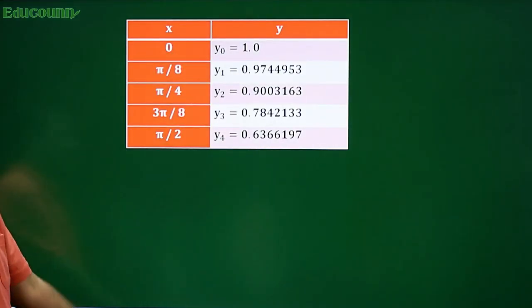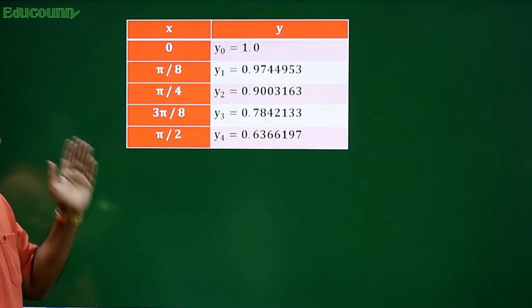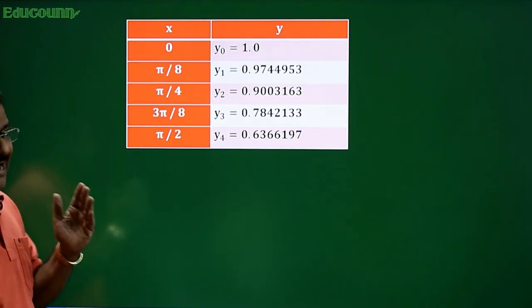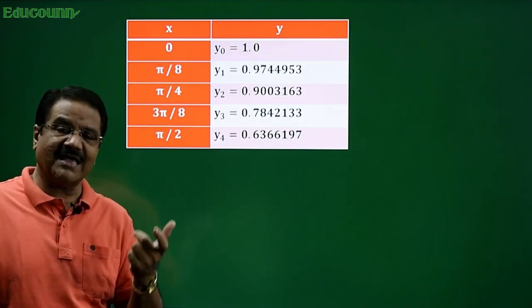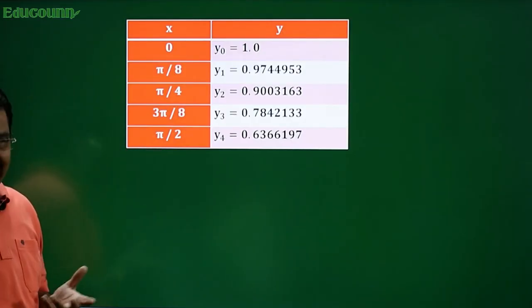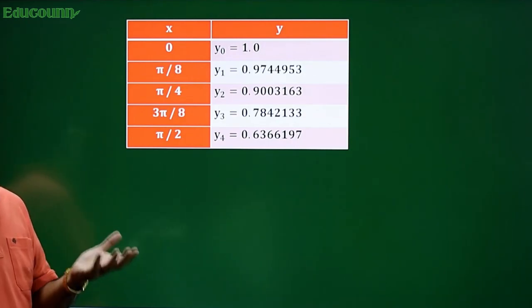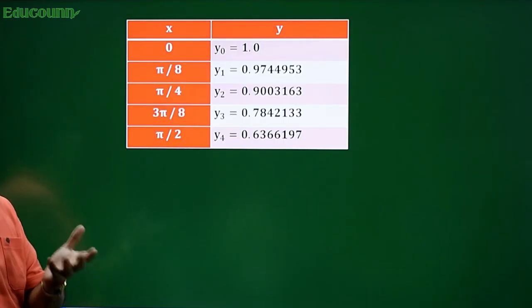Put x equal to 0, we get y0 as 1, and also we can see other values at pi by 8, at pi by 4, at 3 pi by 8, at pi by 2. Here in the table we have written x as pi by 8, pi by 4, 3 pi by 8, pi by 2, but in actual practice you can use pi by 4 as 45 degrees, 3 pi by 8 as 67.5 degrees, and so on.